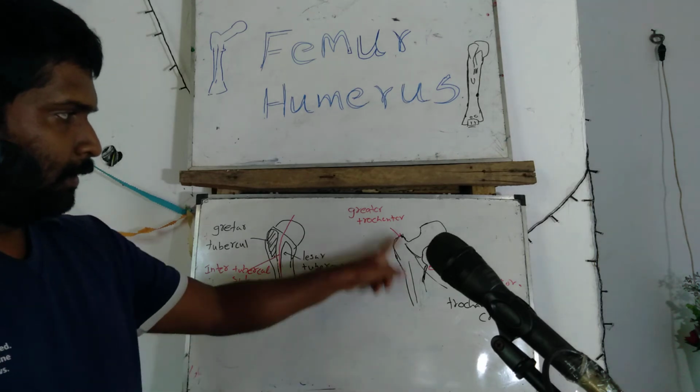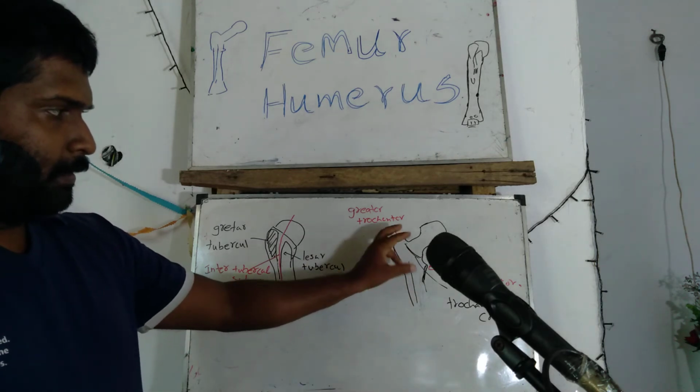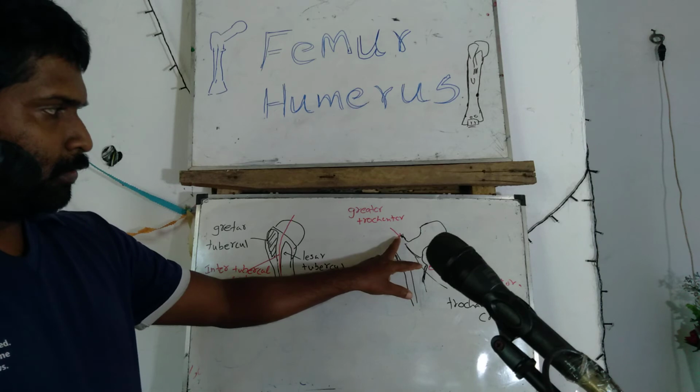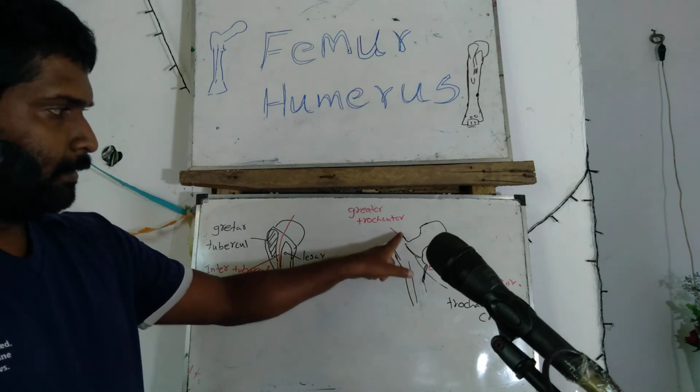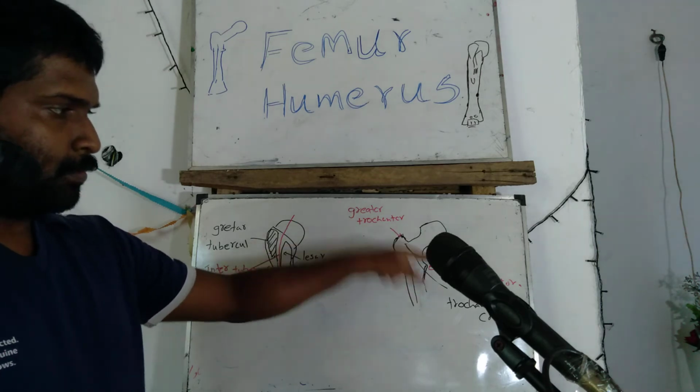Between these two trochanteric areas, lesser and greater, there is a connection, the trochanteric crest.